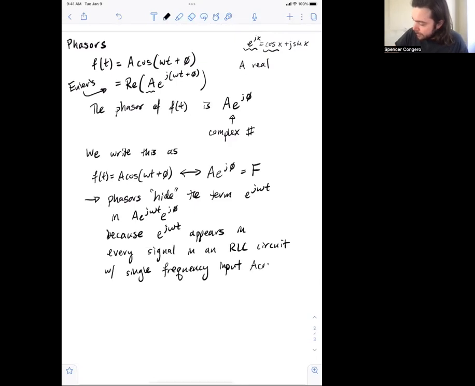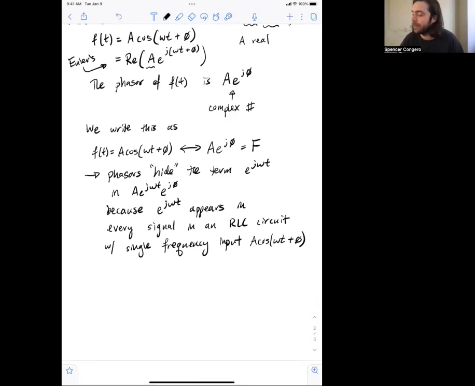That looks something like this. So as long as you put in a sinusoid with just one frequency omega in the input, then we know every signal is going to have this term, at least if I express it like this as the real part or something. So why keep writing that? That's the whole point of phasors.